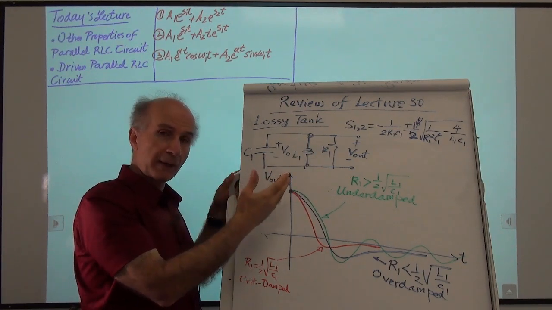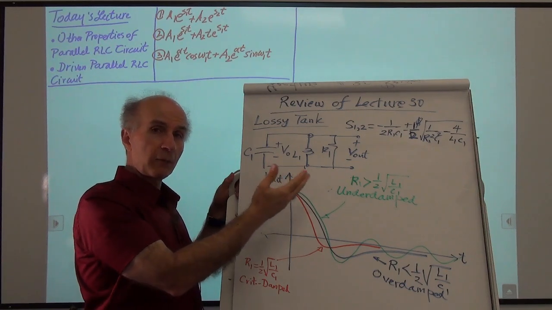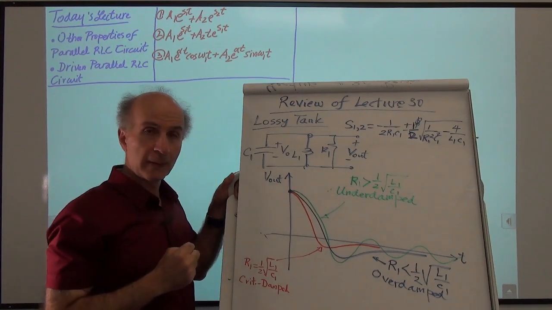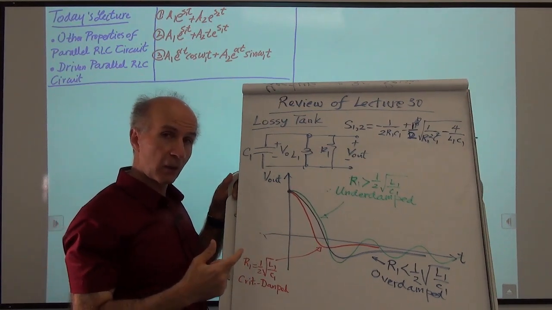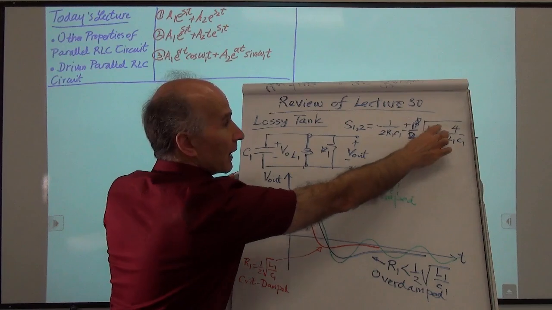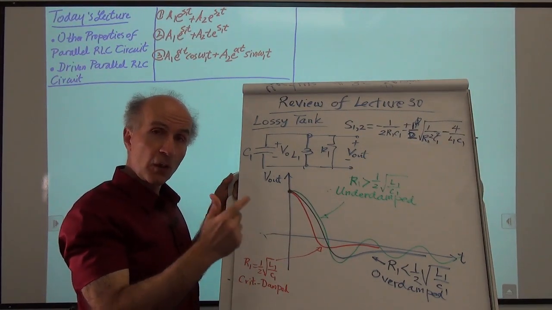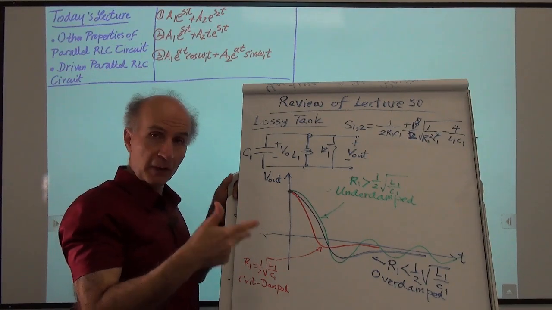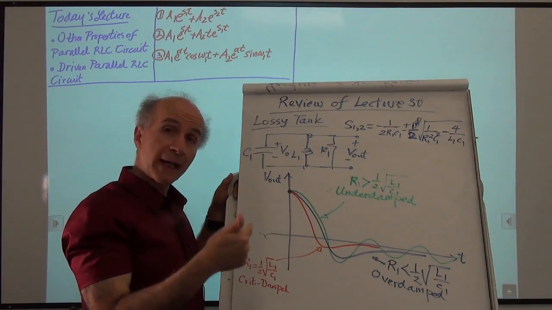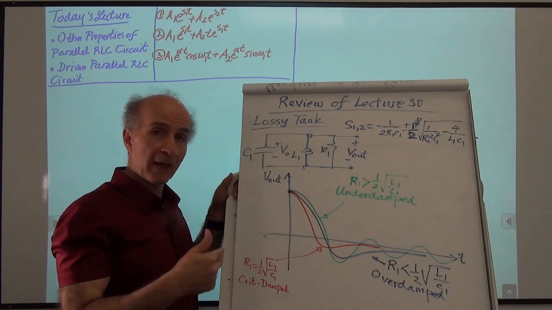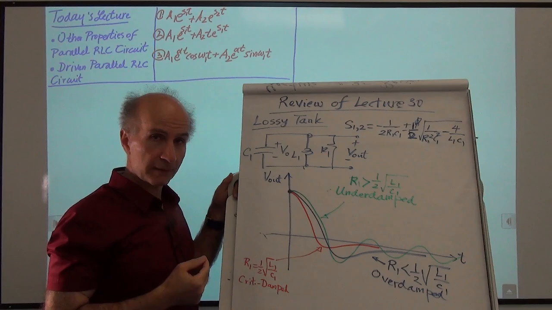So we found the characteristic equation, and we found the roots of that, and we came up with this expression here. And we decided that depending on whether this term under the square root is positive, zero, or negative, we have three cases. We have the overdamped response, the critically damped response, and the underdamped response.